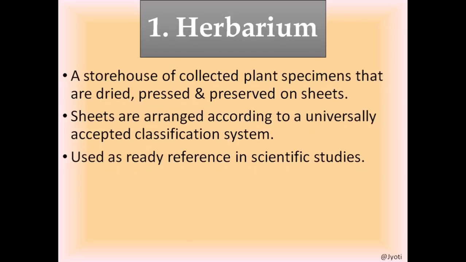So as per that code, he will select that particular book, and in that book several sheets are arranged as per the classification system, and then they can refer as per their requirement.